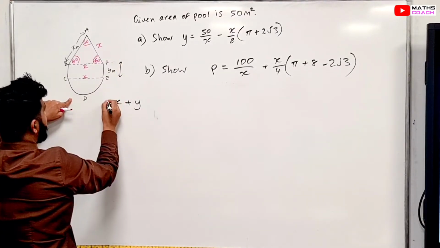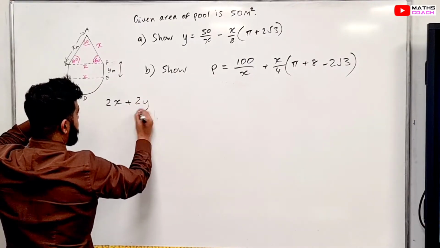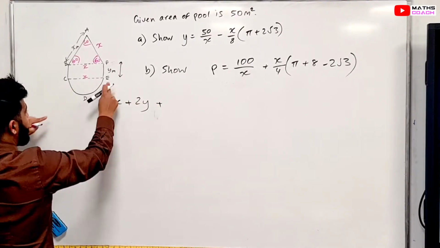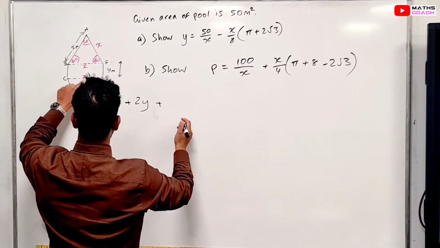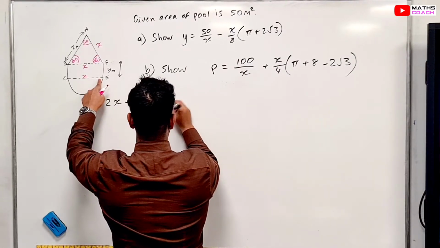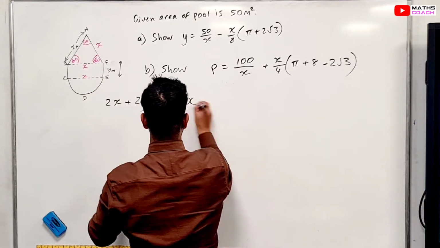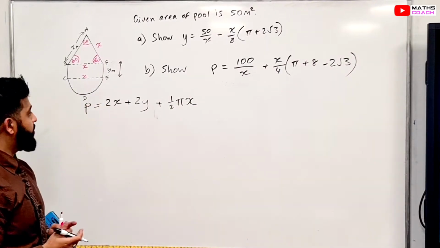So another x, so that's 2x, another y, so that's 2y. So let's just put the 2y in, and then we now just need to work out half of that circumference. So pi times d, so the diameter is x, so it's going to be half pi x. And this is equal to the perimeter P.